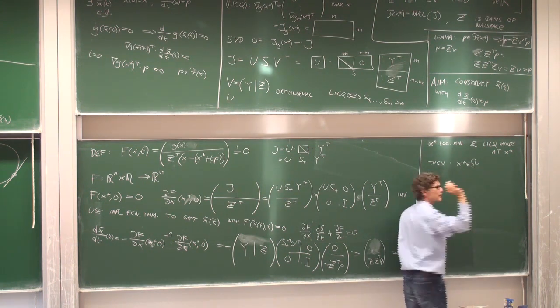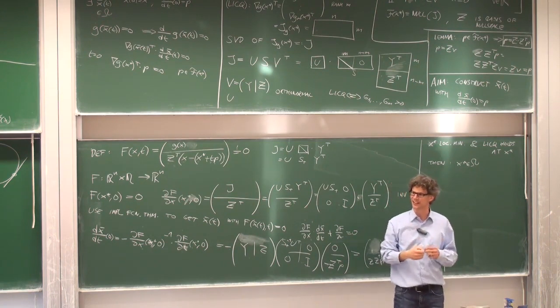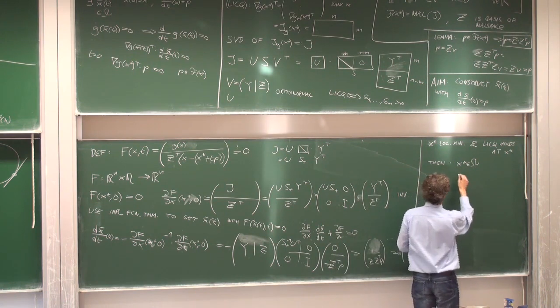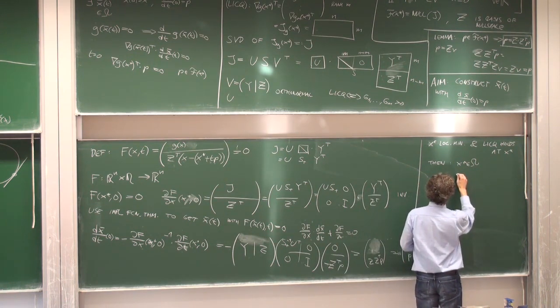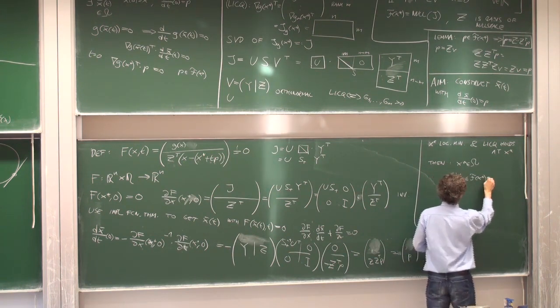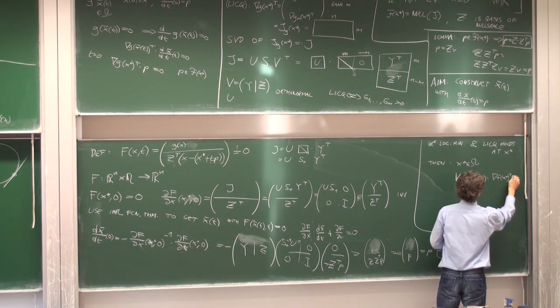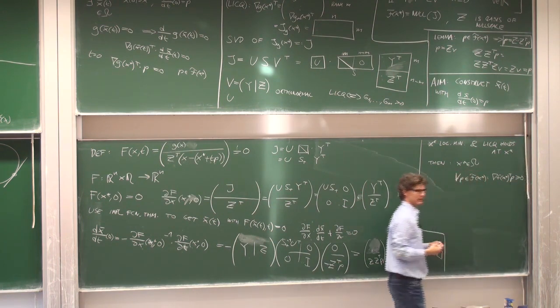I always state it again because I don't want to forget it. So that's a logical thing that needs to be satisfied. But also for all p that are element in this linearized feasible cone at x star, we have that nabla f, the objective function at x star, transpose p must be bigger than or equal to 0.